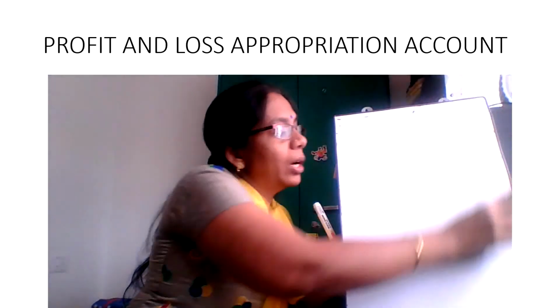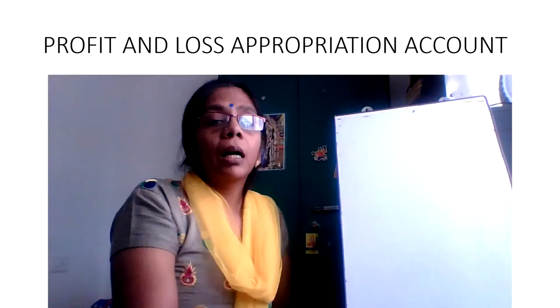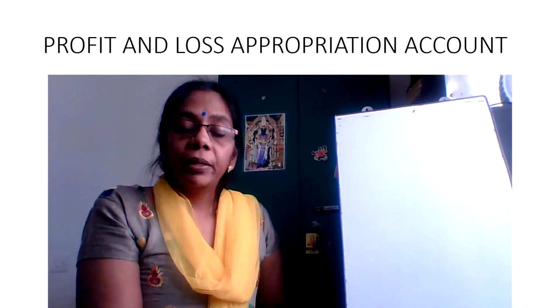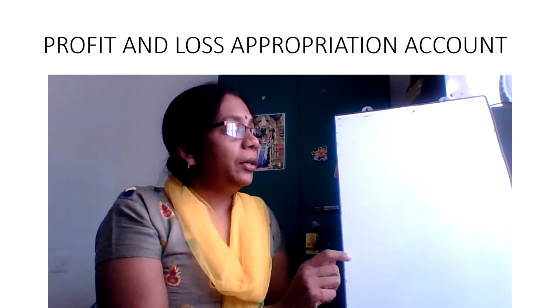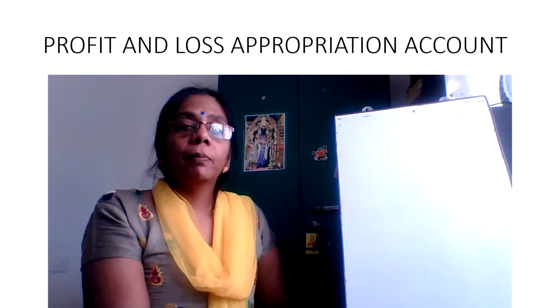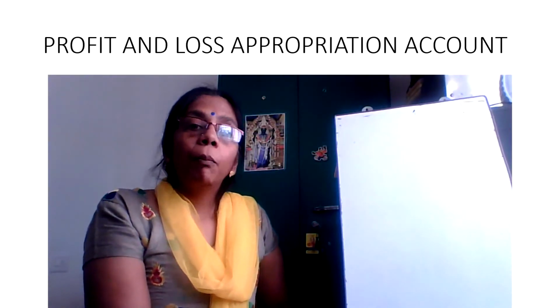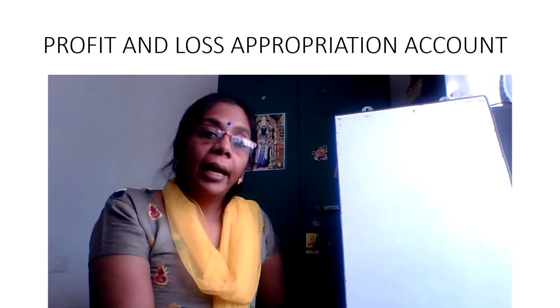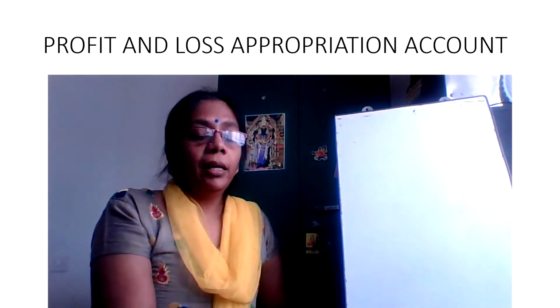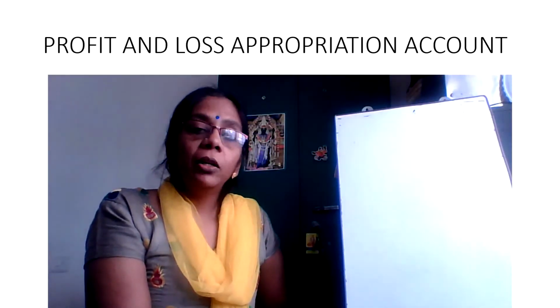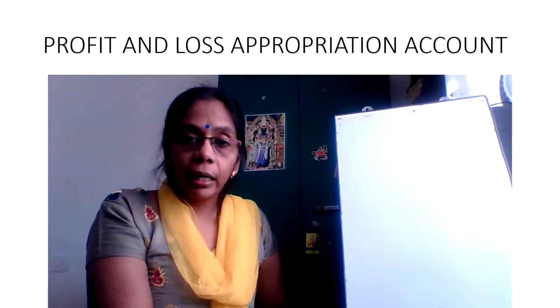For time being, you understand that the personal accounts of the partners would be called as their capital accounts. So whenever you have the difference money set out, this difference money has to be posted to the personal accounts of the partners in their profit sharing ratio. So this is the method of preparing your appropriation account.